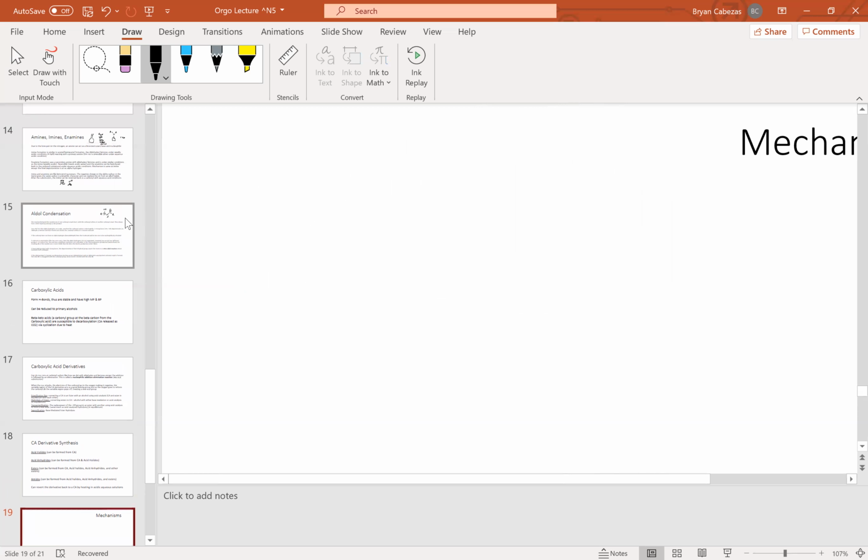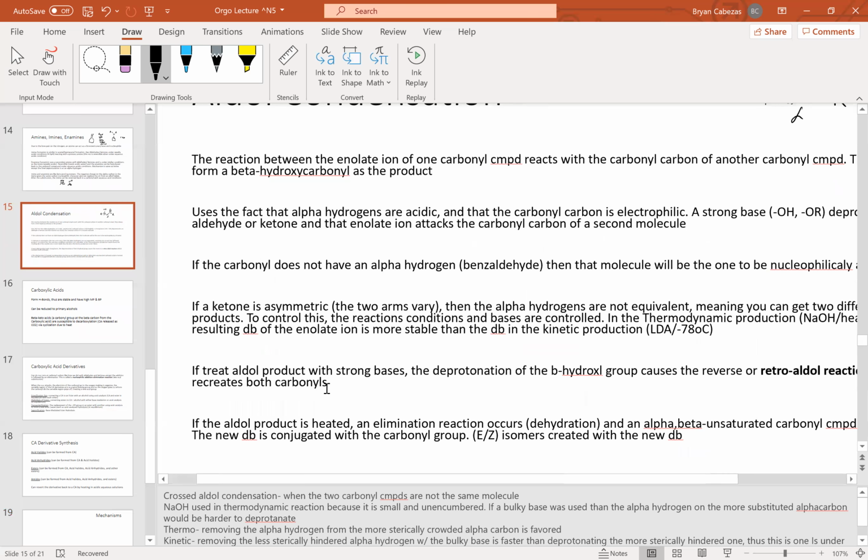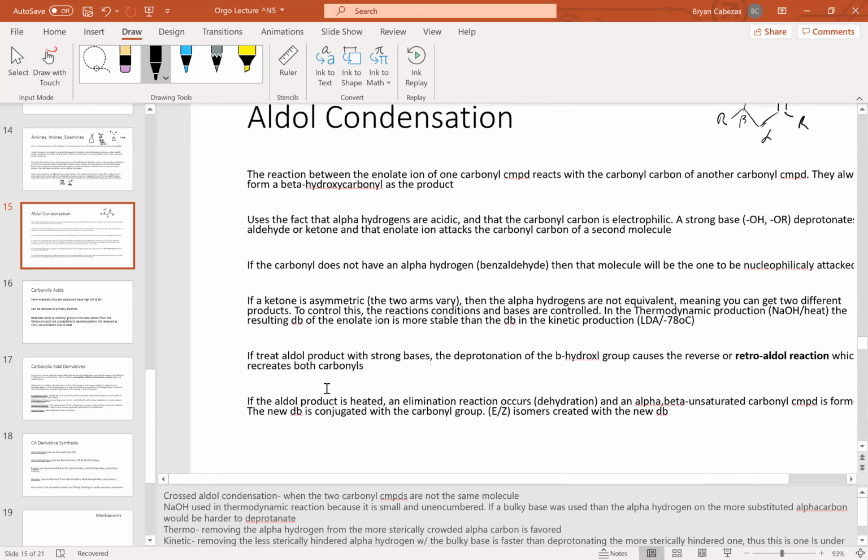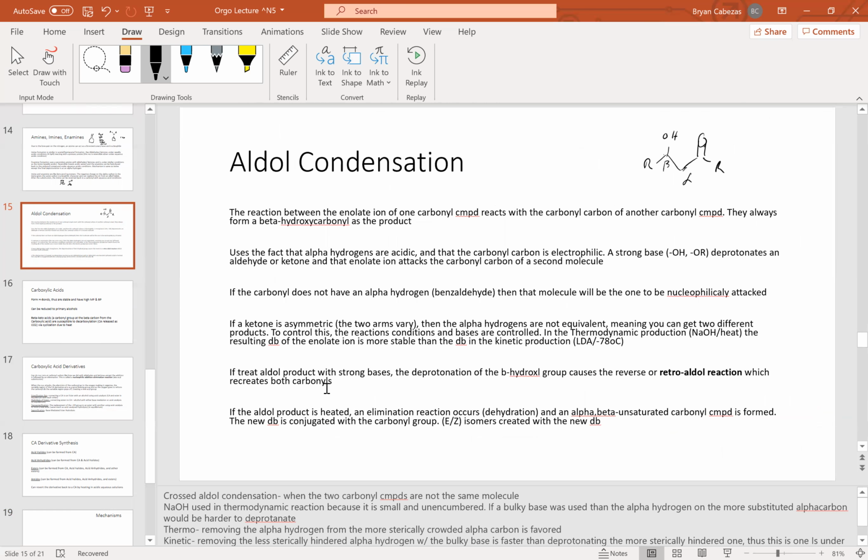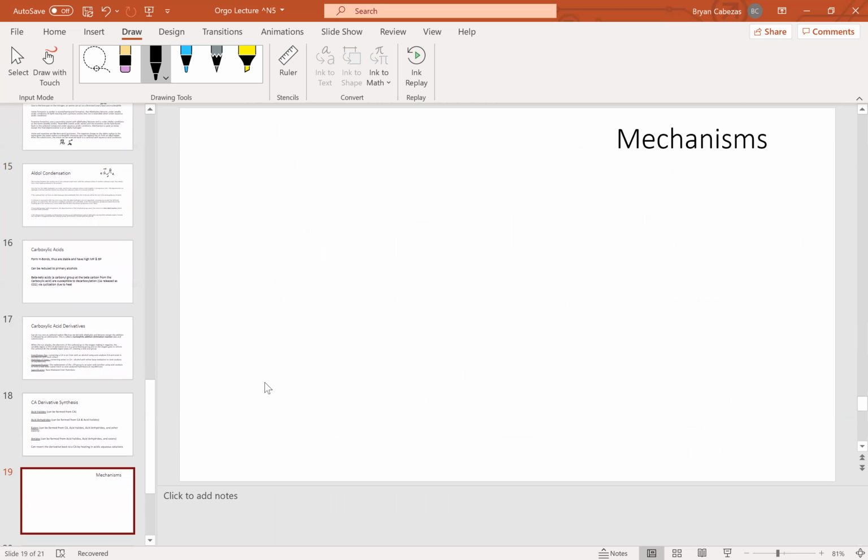What is called an elimination reaction or dehydration. Basically, what we're going to have is the OH group or the alcohol that was on the beta carbon of the carbonyl.